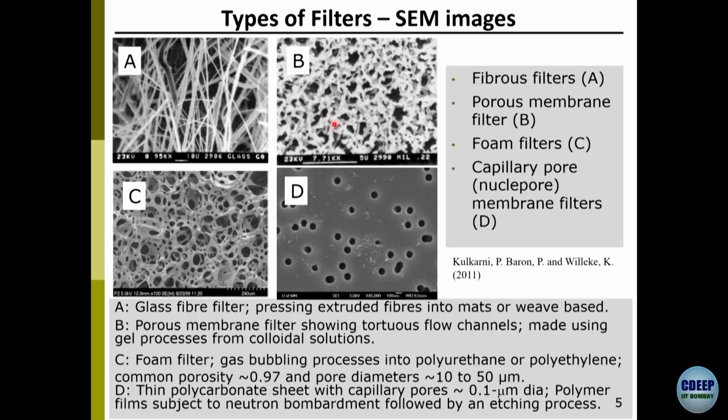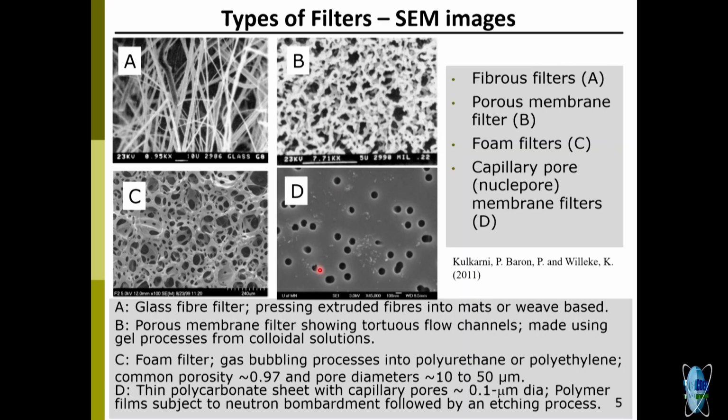And C, these are used either with foam processes or with sol gel processes, where you precipitate things and then make them form some kind of framework. But the very interesting one is right here, called a polycarbonate filter.